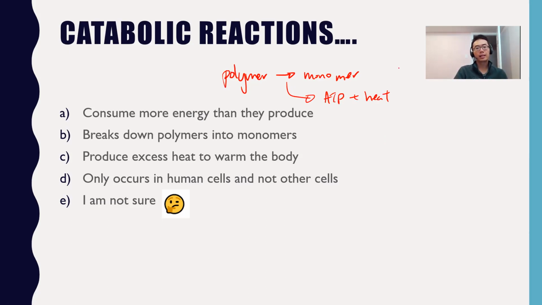Consume more energy than they produce? That is not true, because you will be producing energy and we will use the energy to make ATP. Breaks down polymer into monomer. That is correct.